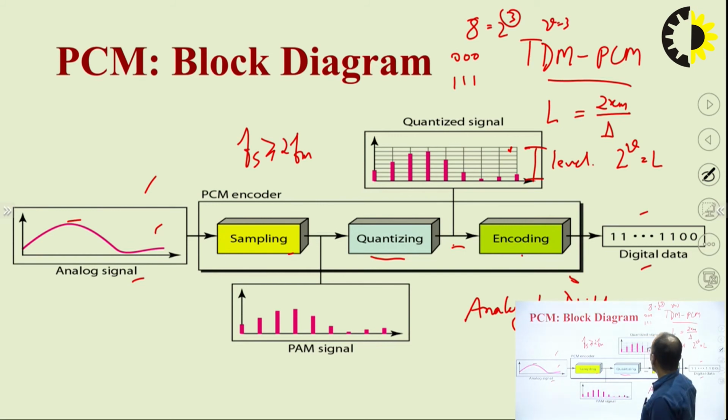So this is the relation between the number of levels and the number of bits. This is the pulse code modulation part.